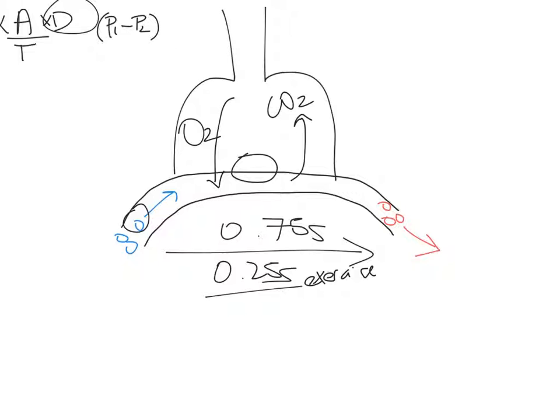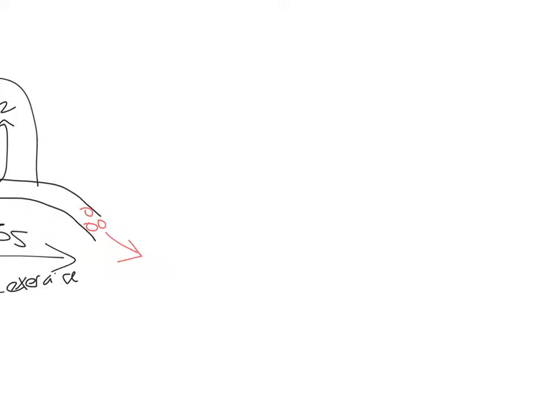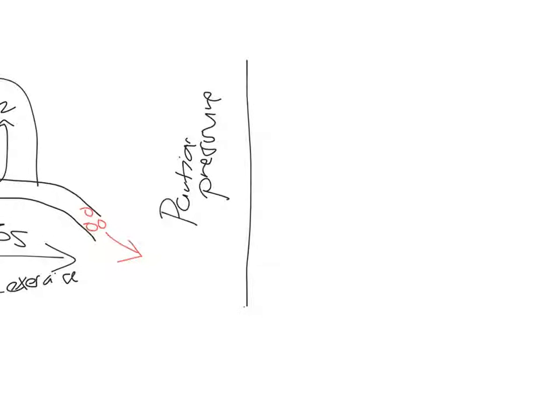Let's have a look at what happens to the partial pressure of oxygen in the capillaries as it crosses the pulmonary capillaries. We can do this in graph form. On the y-axis, we have the partial pressure of the gas, and on the x-axis, we have the time in capillary in seconds.